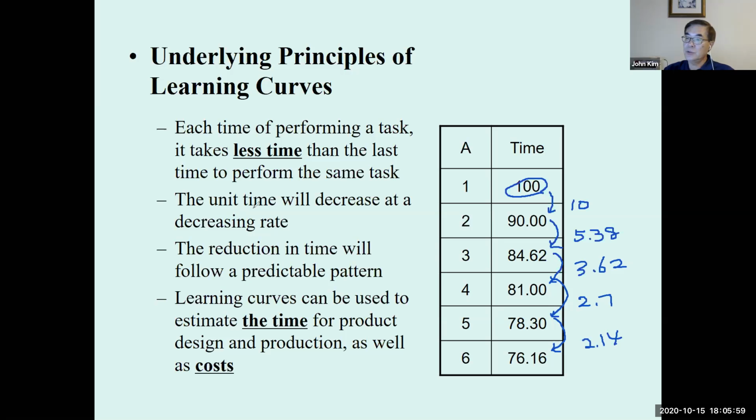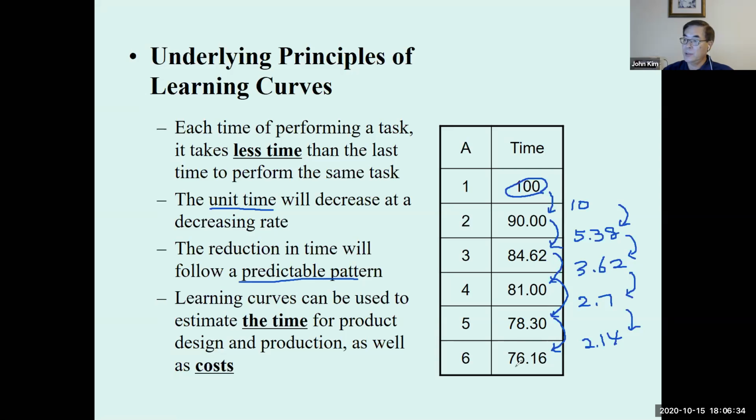So the unit time, production time, or service time, whatever time, decreases at a decreasing rate. So the decreasing rate also decreases. We call this a reverse exponential curve, and the reduction in time follows a predictable pattern.